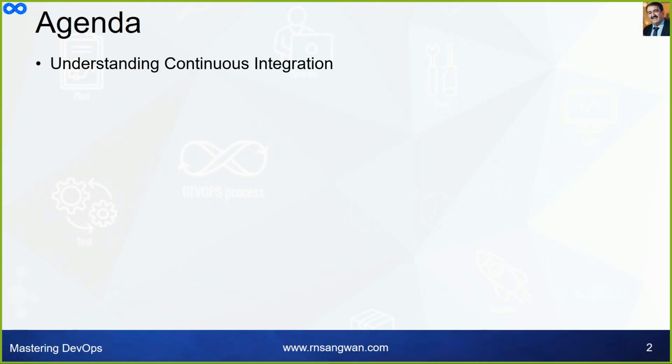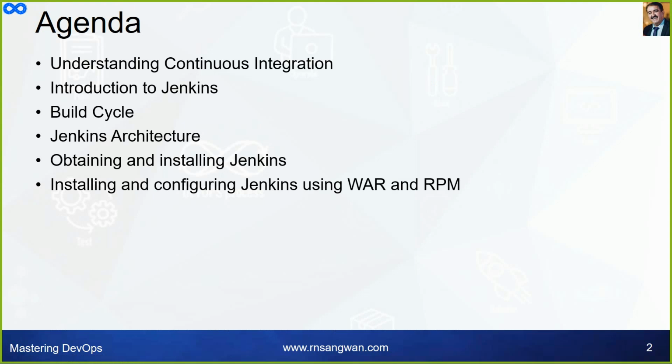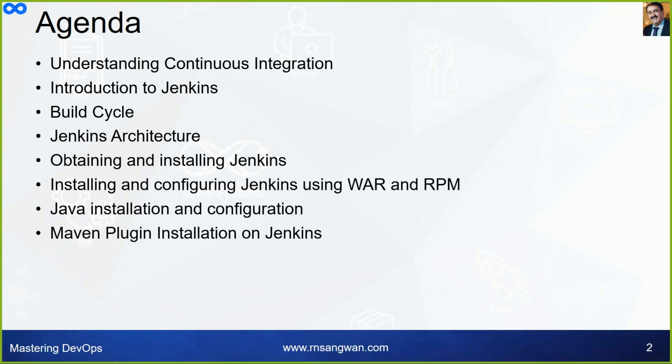The agenda of the session is understanding continuous integration, introduction to Jenkins, build cycle, Jenkins architecture, obtaining and installing Jenkins, installing and configuring Jenkins, WAR file and RPM, both methods, and Java installation and configuration, which is a prerequisite for Jenkins. Maven plugin installation on Jenkins, exploring the Jenkins dashboard.